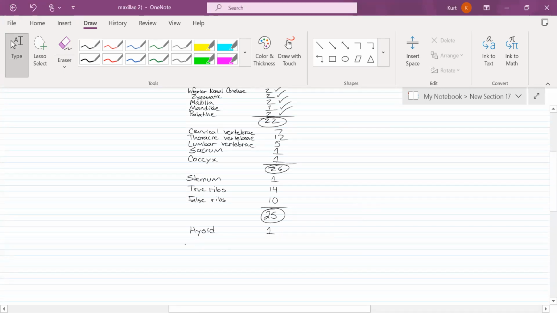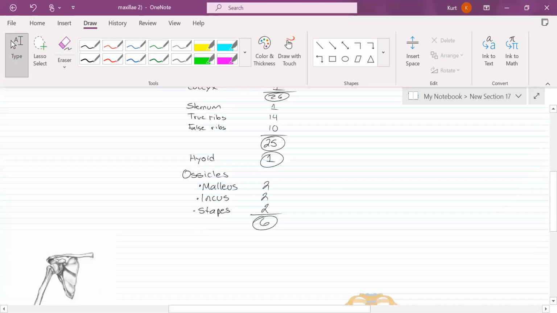Almost forgot them. They're called ossicles. Do you remember what they are? Malleus, incus, and the stapes. That's going to be a total of 6. So 74 plus 6, an even 80. Your axial skeleton has 80 bones.